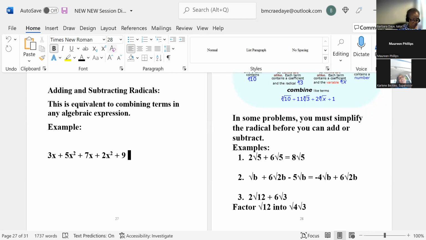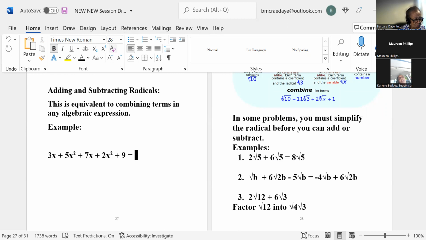What would you say that's equal to? Remember, I can combine like terms. That's 7x, 3x, and 9x, right? I will say 5x squared and 2x squared are combined, right? Yes, that's right. They're like terms.